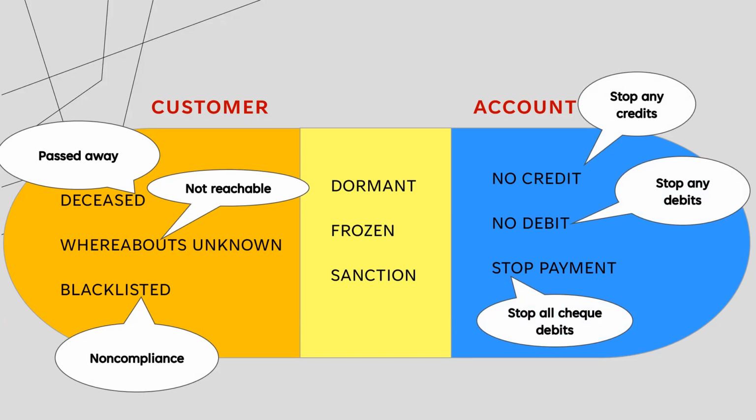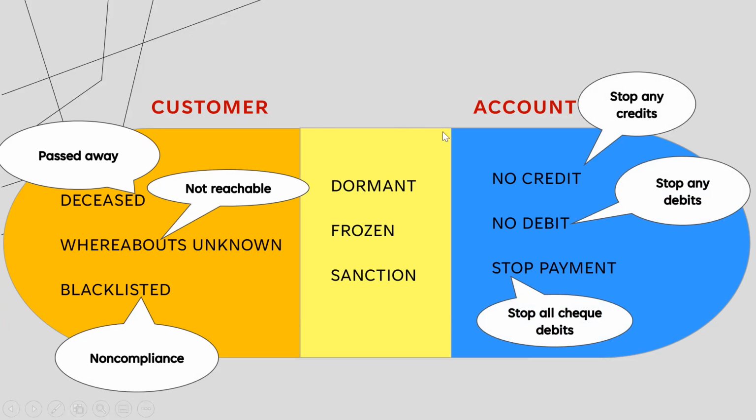No credit covers even bank initiated credit transactions such as credit interest, and no debit covers loan recovery or auto recovery for the credit card. The third one is stop payment: if a check comes for clearing when debiting the particular account, the check will be rejected, saying stop payment is given or no such payments are allowed from this account.